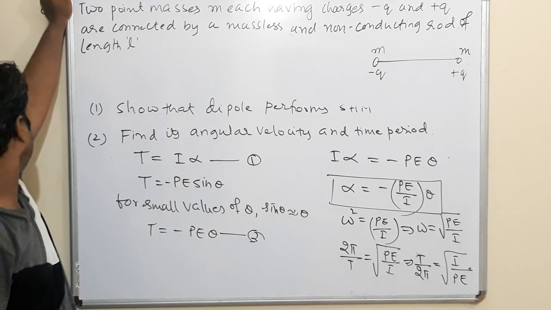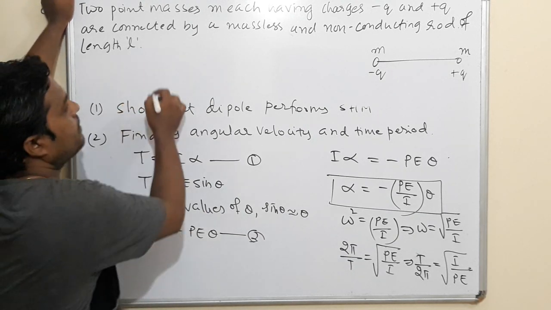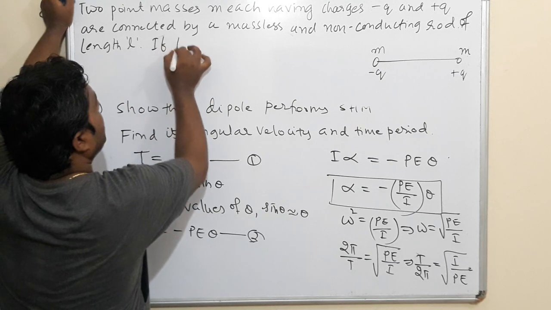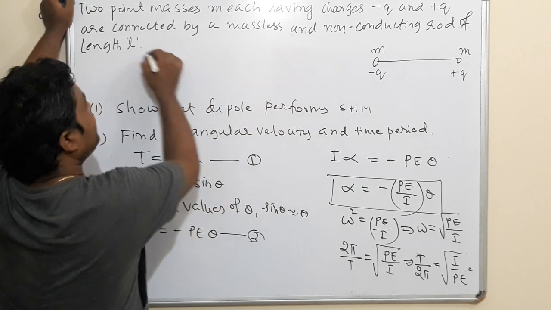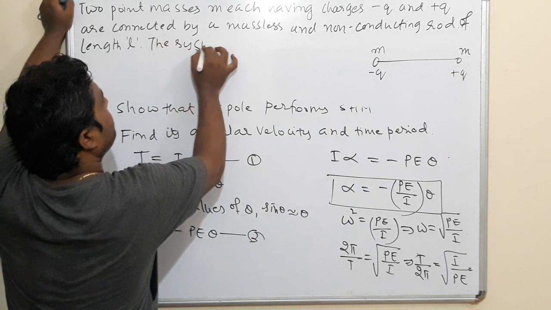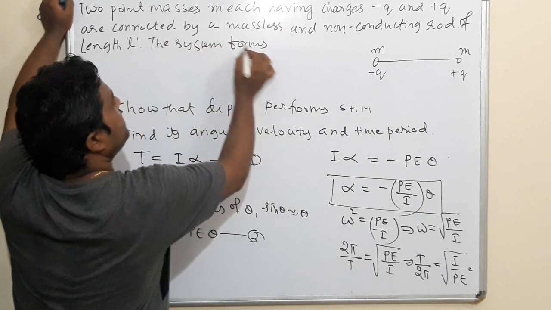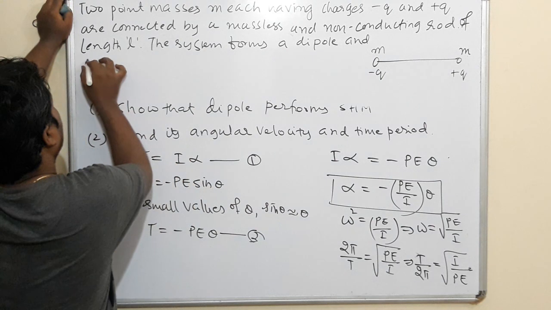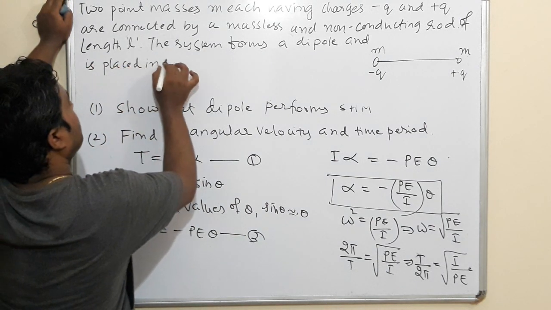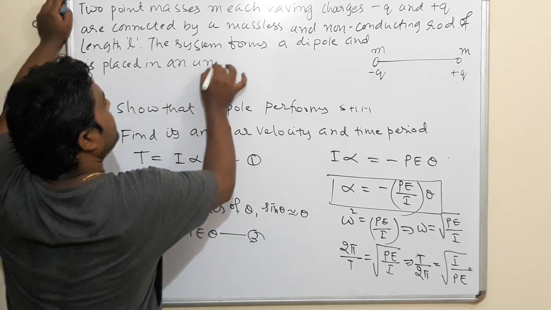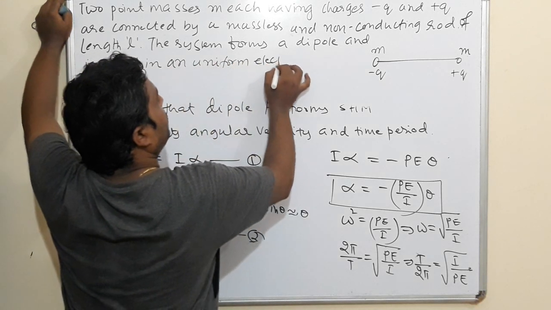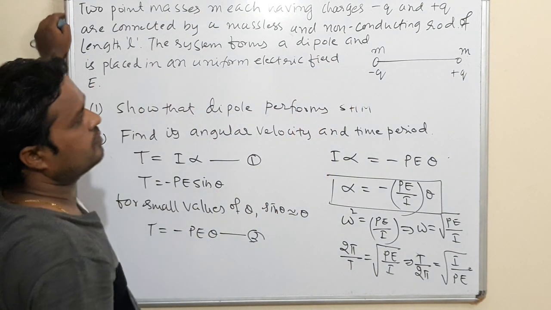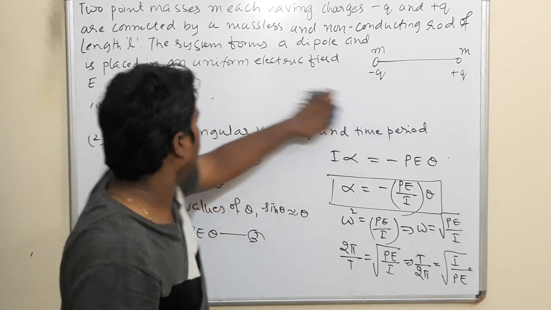Okay. This system will form a dipole. The system forms a dipole and is placed in a uniform electric field E. What is the length of this rod?